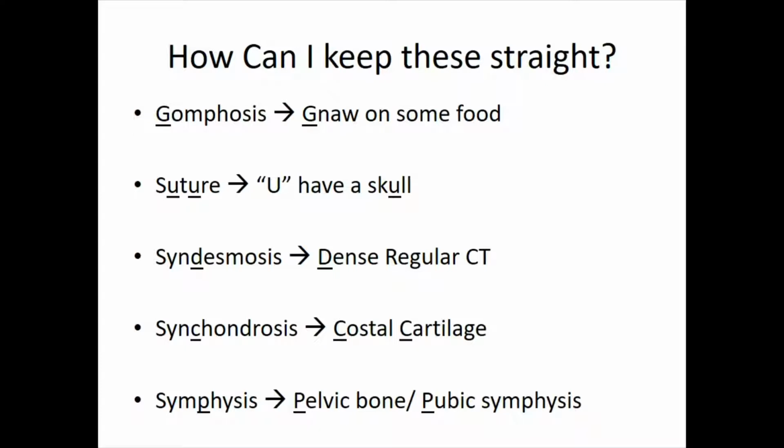Synchondrosis, remember chondro is that cartilage prefix, such as the costal cartilage. Now, symphysis is also cartilage, but it's the fibrocartilage that you find in the pelvic bone, which is called the os coxa, where the pubic symphysis is.